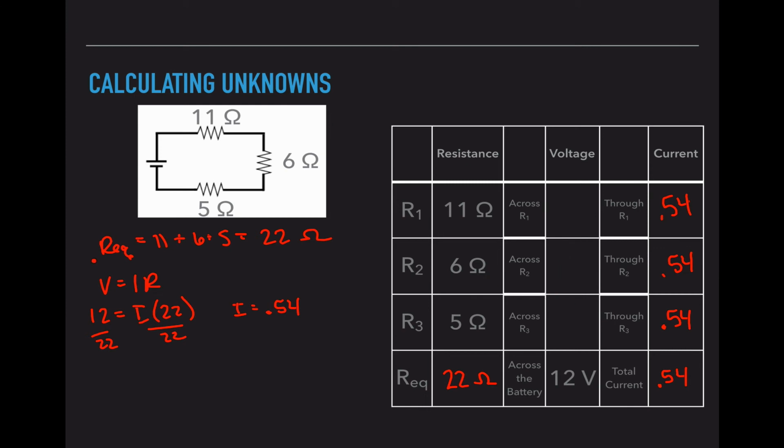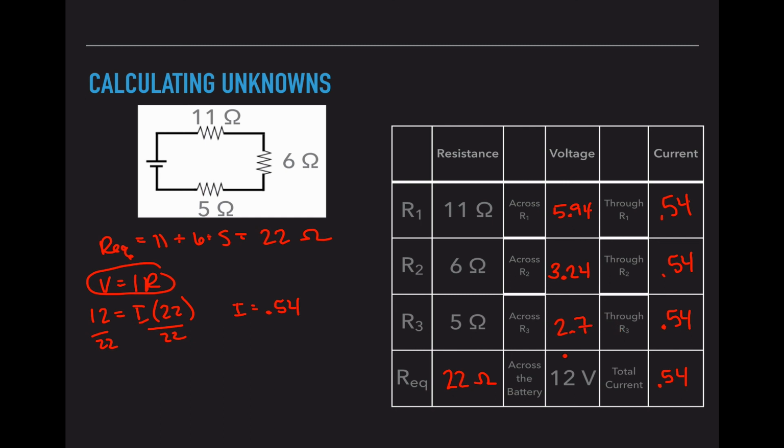So I'm going to go back to this V equals IR to solve for the voltage drop at the 11 ohm resistor. 11 times 0.54 is 5.94. At the 6 ohm resistor, 6 times 0.54 is 3.24. And at the 5 ohm resistor, 5 times 0.54 is 2.7.